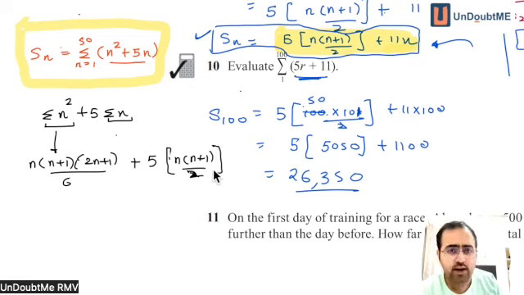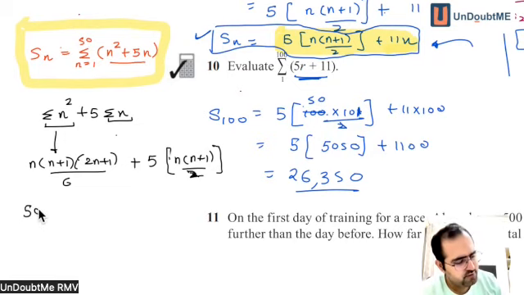Are all clear till this step? Now the next step is we just put n is equal to 50 and solve. That will be the last step.